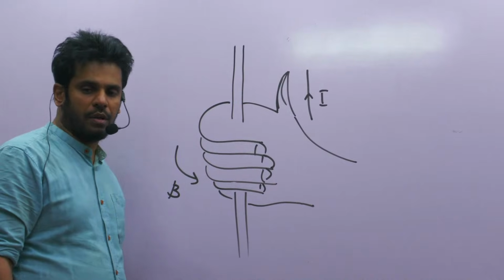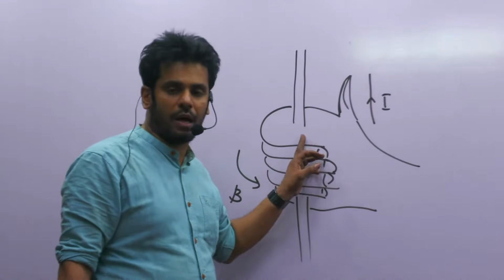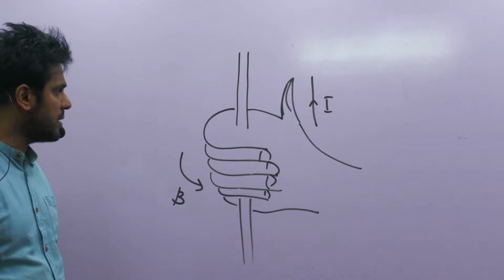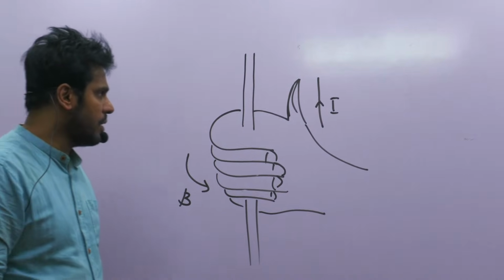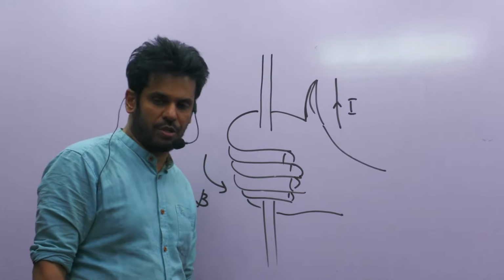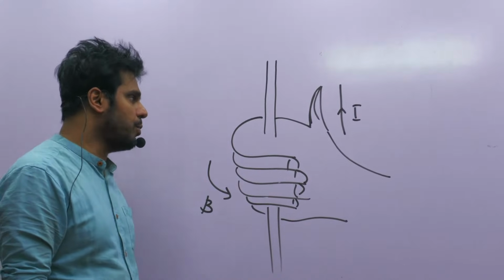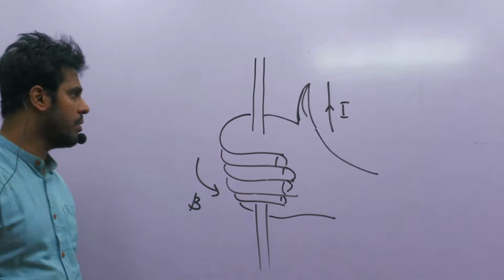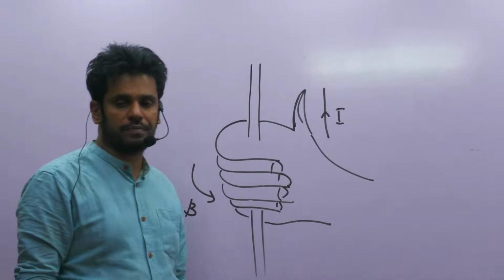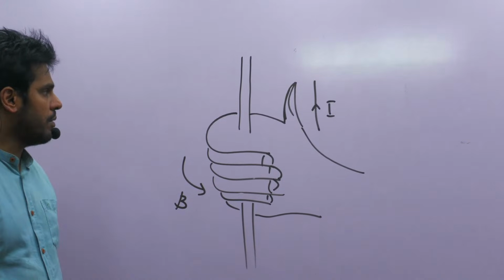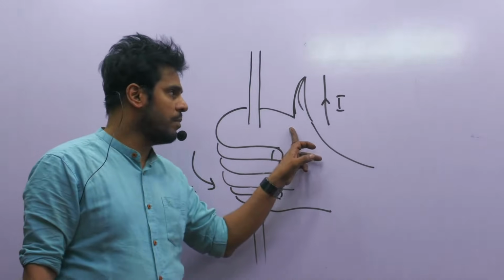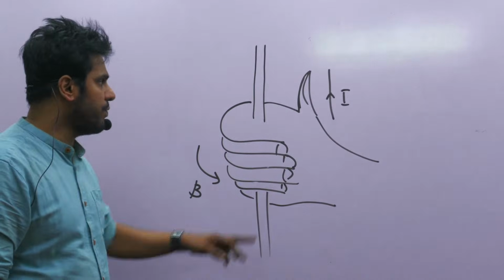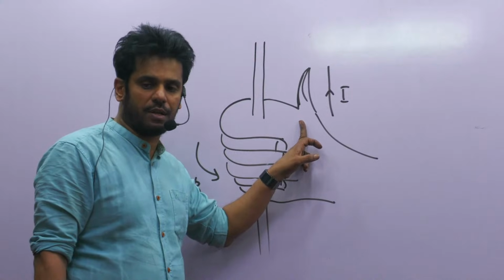When thumb and other fingers are kept in two perpendicular directions, the direction of thumb represents the direction of current.